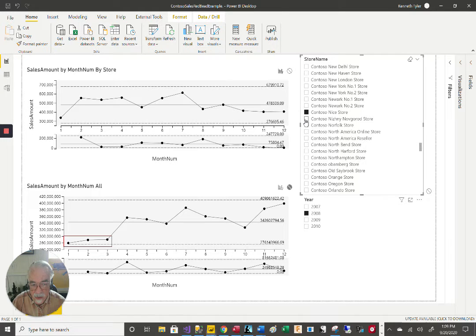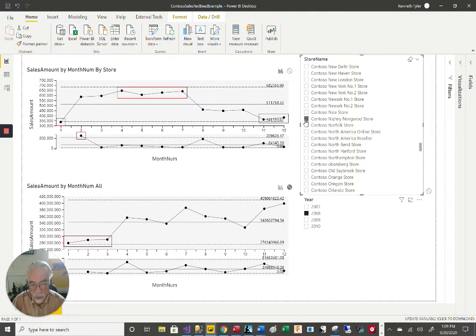Let's look at another store. Okay, for the Novigrad store, we find out that for months 4, 5, 6, and 7, the sales were exceptionally high, exceptionally in the sense that they stayed high, stayed in the top part of this band for more than 3 months in a row.